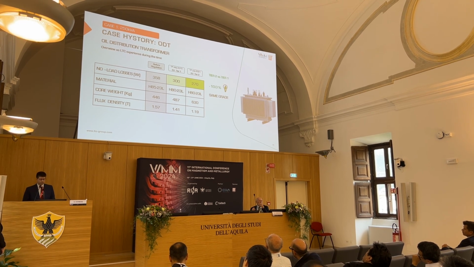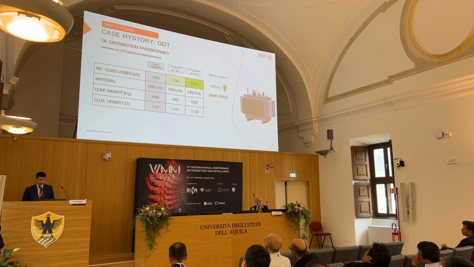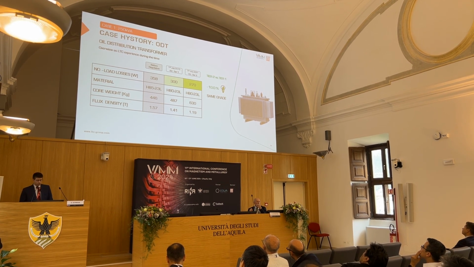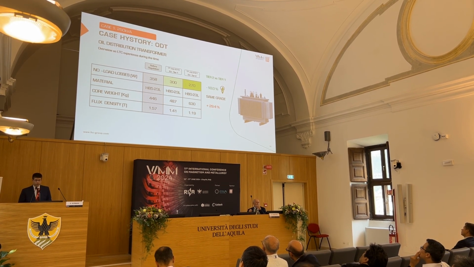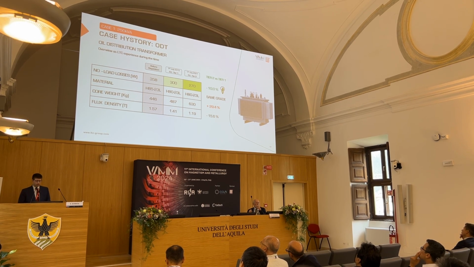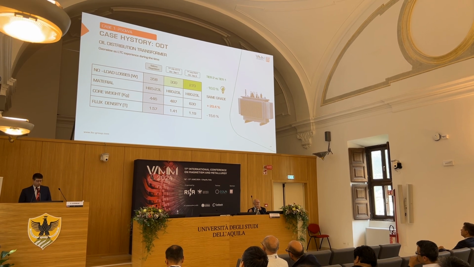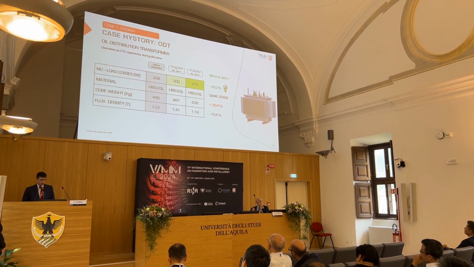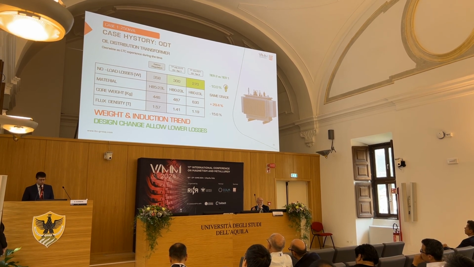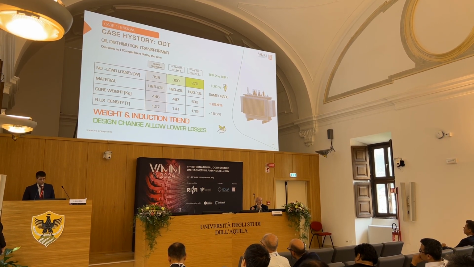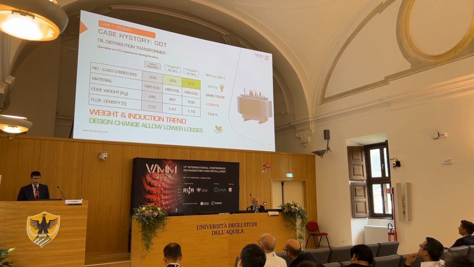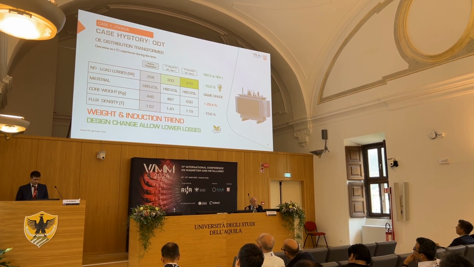In this case, the material is kept the same, so the grade is H8023, while the weight has an increase of 30%, and the flux density has a reduction of 16%. So what we can see from the data, before the regulation and in the Tier 2 regulation, is a big increment in terms of weight and a big reduction in terms of the induction. All this is done to achieve a better result in terms of no-load loss.